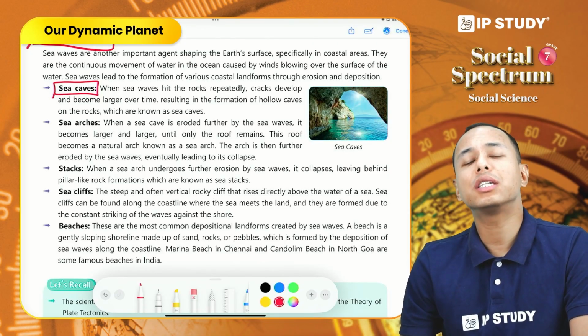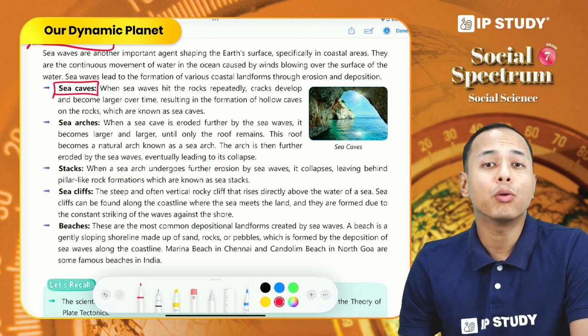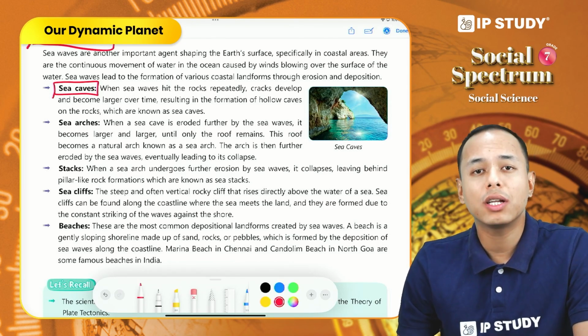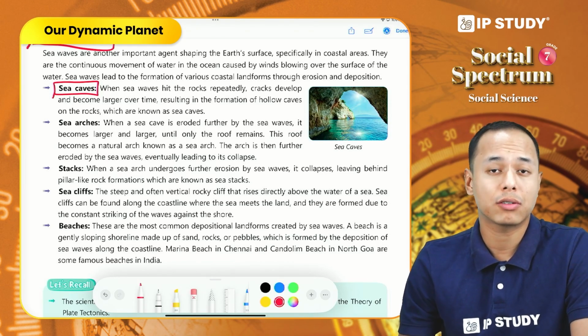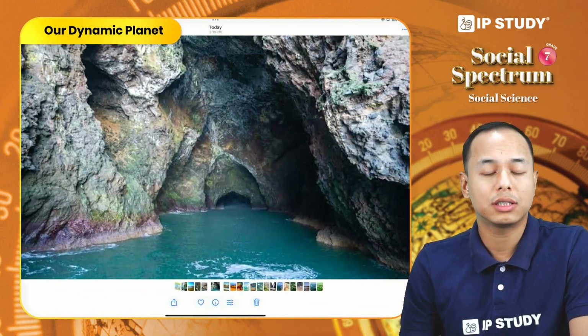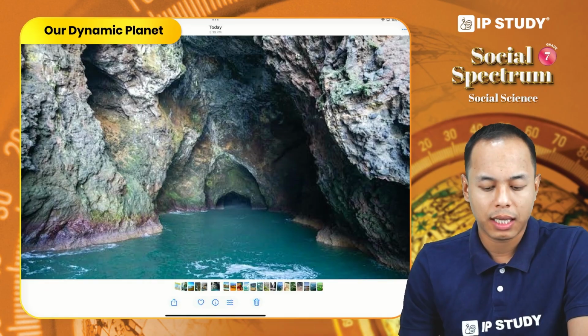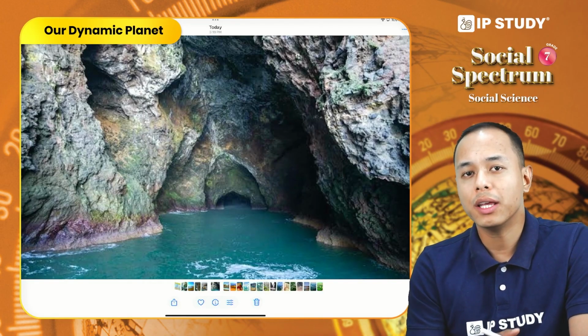When the sea waves strike the rock again and again, they erode the rock slowly, and eventually a hollow cave is developed, and this cave is called sea cave. See, this is the photo of a sea cave. Okay, and this is formed due to the action of sea waves on the rock.